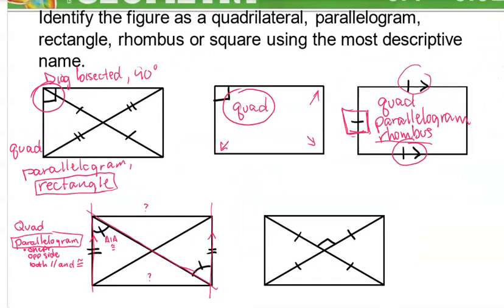The most specific on the previous one was rhombus, because we had one pair of opposite sides parallel and congruent, and we had consecutive sides congruent. We didn't need that third side on that one.